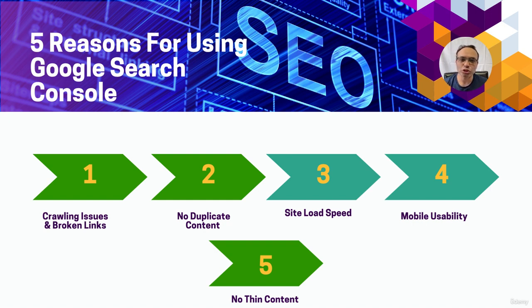The second thing that you want this tool to be used for is to find out if there is any duplicate content on the web page. And this is one of the gray SEO or black hat SEO practices. In order to prevent committing this mistake, we use Google Search Console.